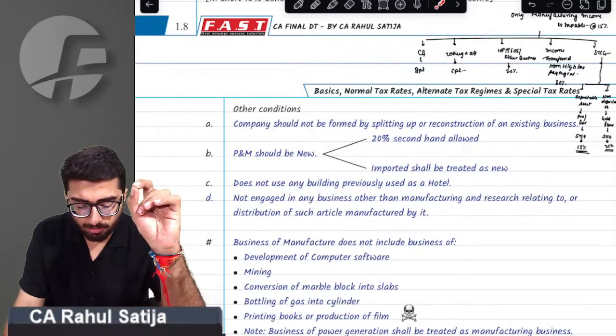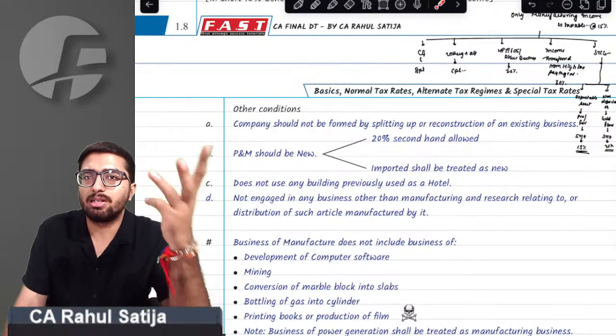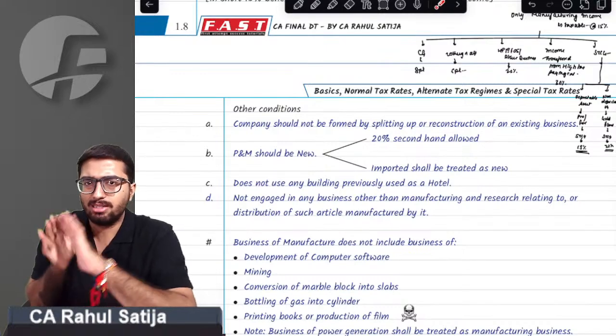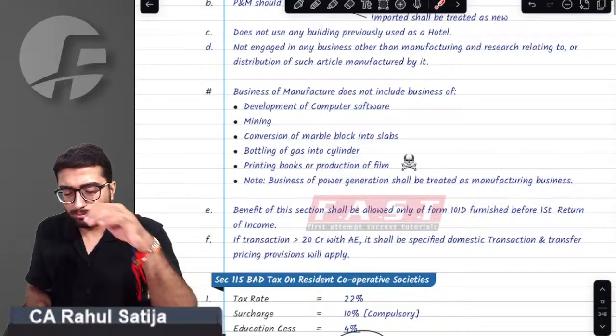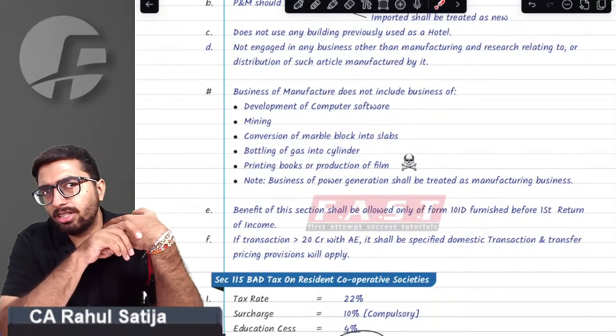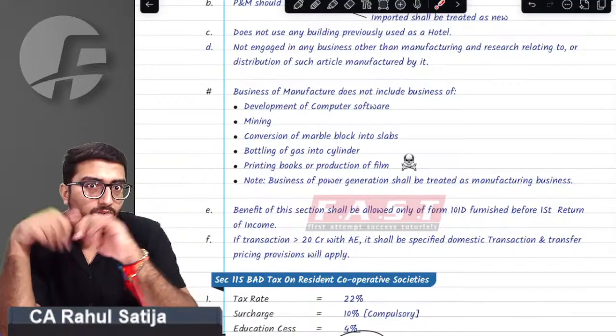The 15% benefit is only applicable if the business relates to manufacturing, research, or transportation and distribution of the articles manufactured by it. So these are the conditions. Sir, what does manufacturing imply? Normally manufacturing implies everything you manufacture, but there are certain things which are not called manufacturing.